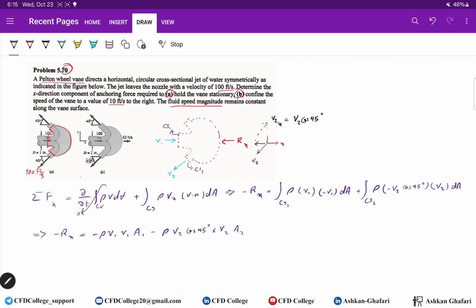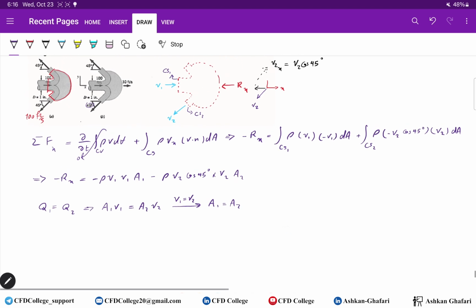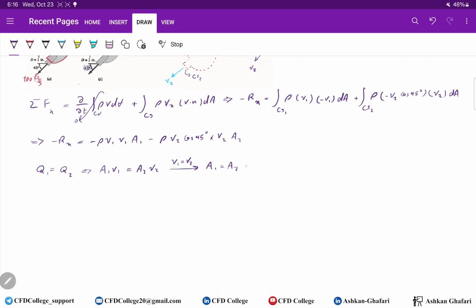So V1 equals V2. We know that. And since V1 equals V2, we know that Q is constant. So A1 V1 equals A2 V2. Since V1 equals V2, it means that A1 equals A2 because we don't have A2 and we can't calculate A2. But now we know A1 equals A2.